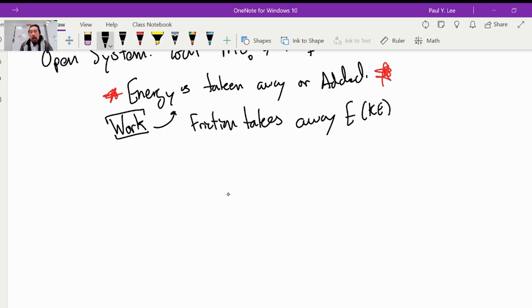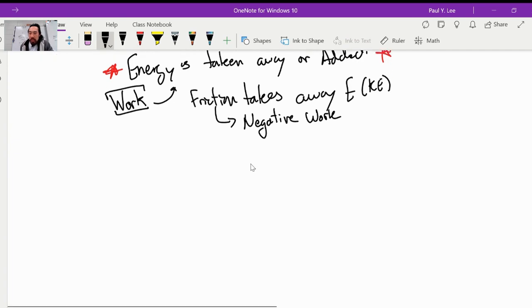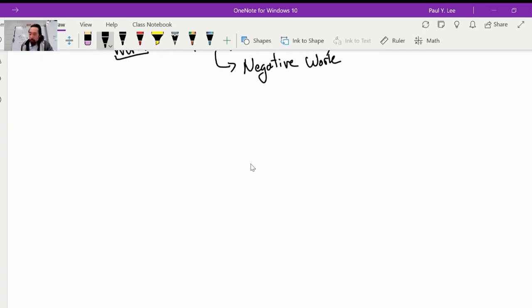It slows it down. So what friction does, friction does negative work because the energy is taken away. So you're either adding energy or taking away. And if there's friction, there's negative work.